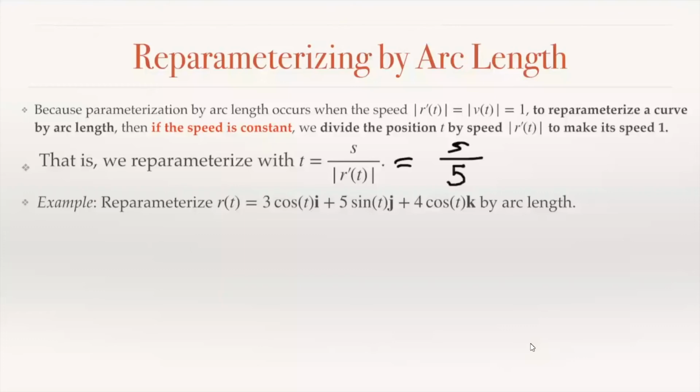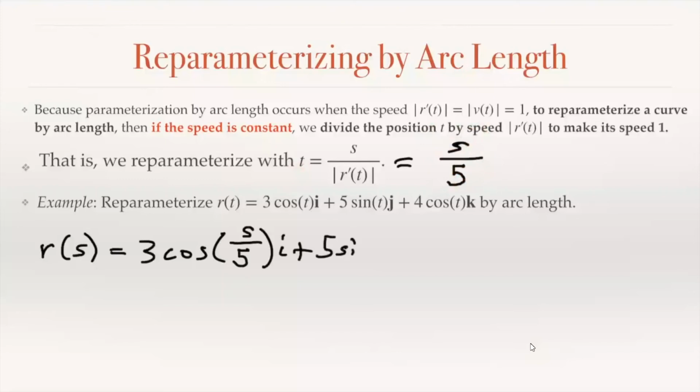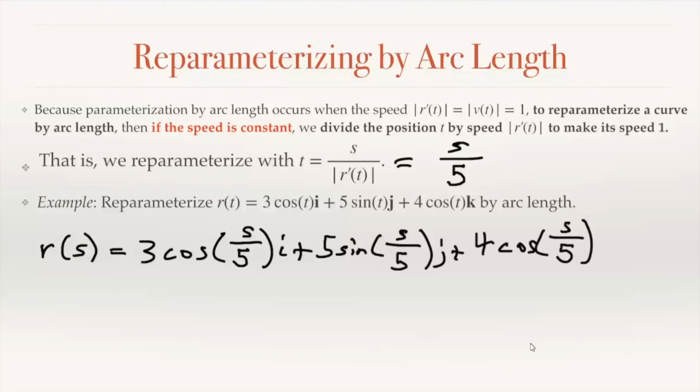I'll try to make my s's not look like 5s. So we replace t with s over 5, where s is a new parameter name. And we have r of s is equal to 3 cosine s over 5 i plus 5 sine s over 5 j plus 4 cosine s over 5 k.